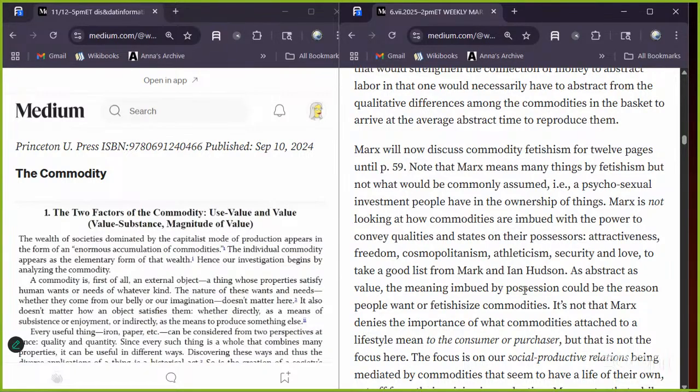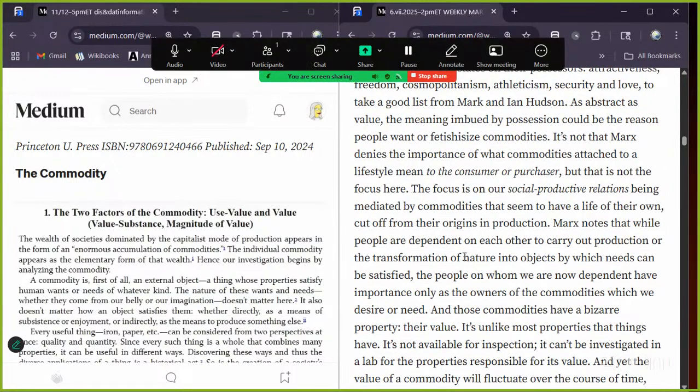As abstract as value, the meaning imbued by possession could be the reason people want or fetishize commodities. It's not that Marx denies the importance of what commodities attached to a lifestyle mean to the consumer or purchaser, but that is not the focus here.